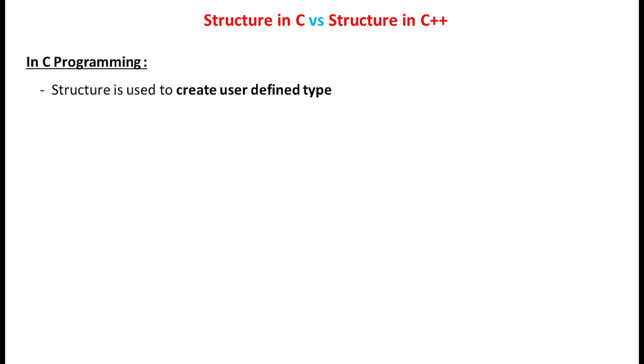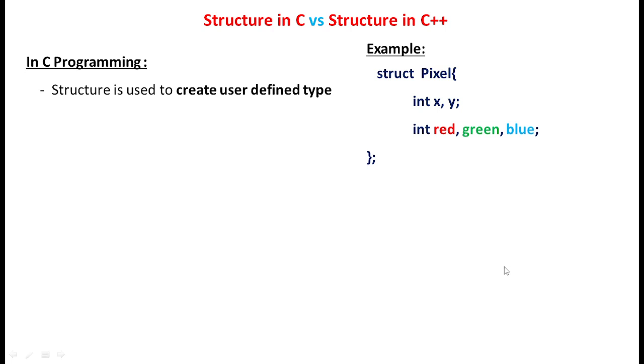Here you can see the structure in the C programming language. What we discussed so far is very similar, as we have it in C. You can see pixel, int x, y, red, green, blue, the same example. In C, a structure is only creating a collection of elements to create a new type.